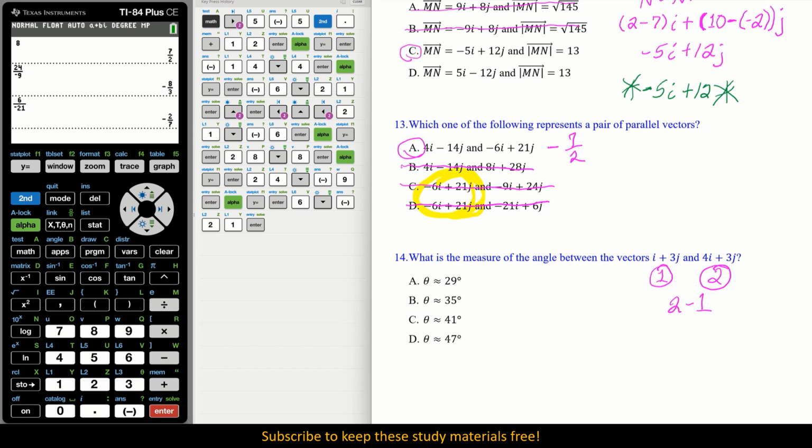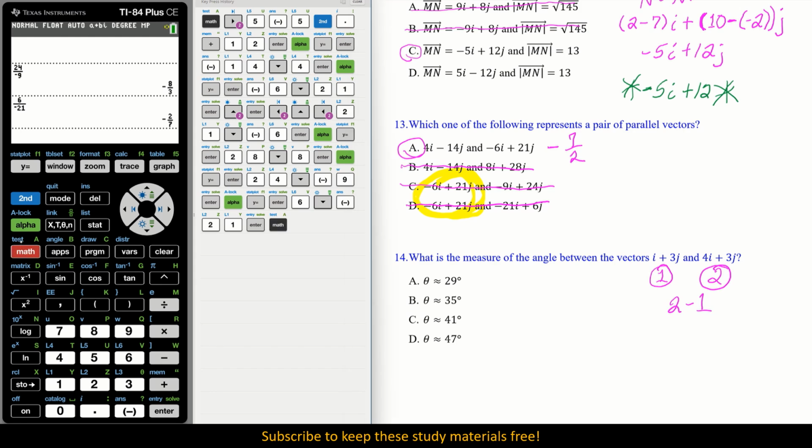Because I know if you do it the other way around, you'll get the correct angle, but it'll be negative. And remember, angle measure is a distance, and distance is an absolute value. So if you get a negative, don't worry about it as long as the number is correct. But I'm going to do it to show you how it comes out correctly. So let's get it done.